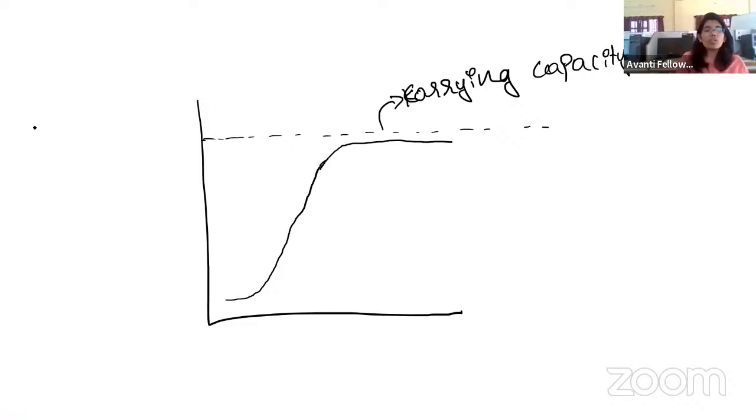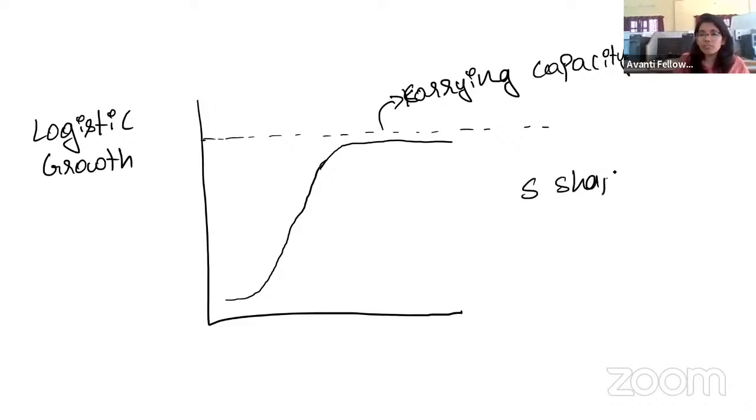So this is what is called logistic growth, which occurs naturally. And what is the shape of the curve? This is an S-shaped curve, or it can also be called a sigmoid curve. Clear?